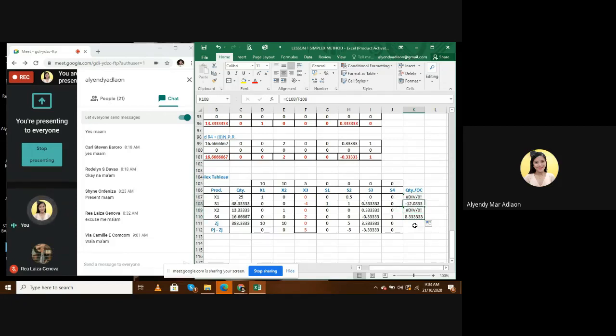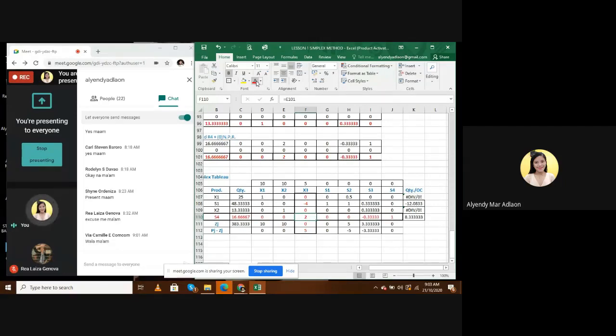So, 8.333. So, this is now our pivot row. Okay, this is our pivot row. And our pivot element is the 2. Okay, our pivot element is the 2.